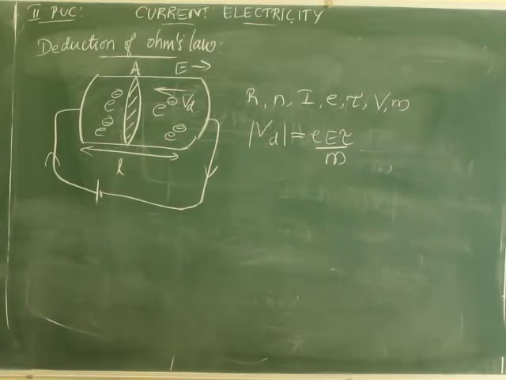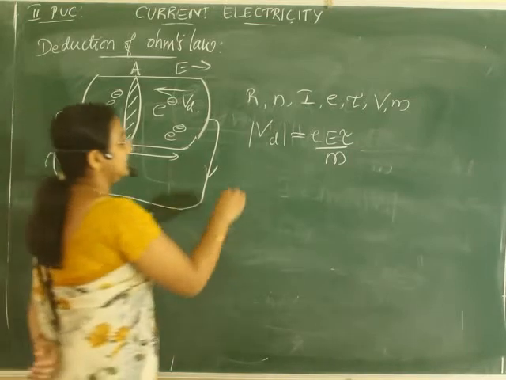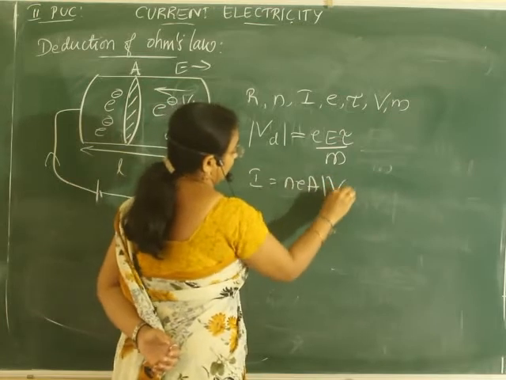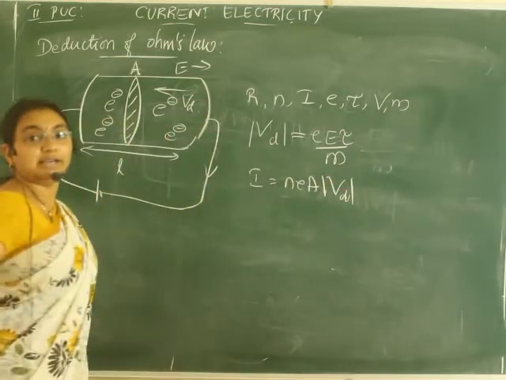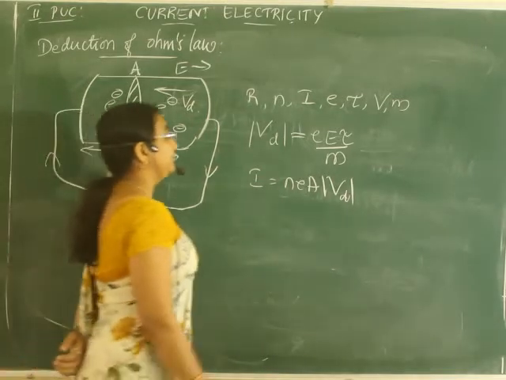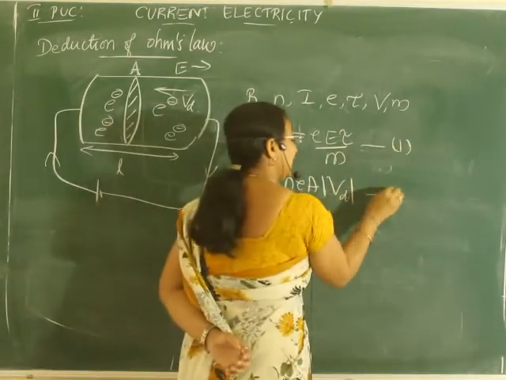We also know that I = NeAVd. Then let us substitute 1 in 2.